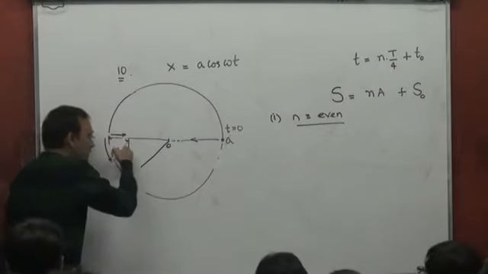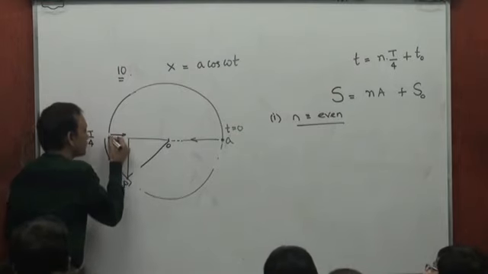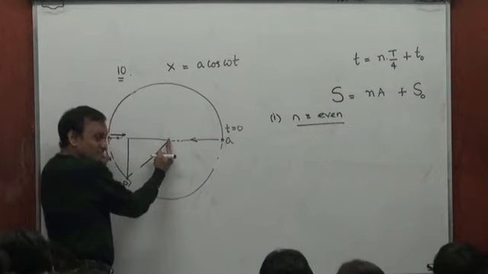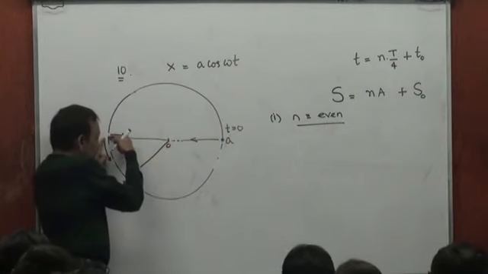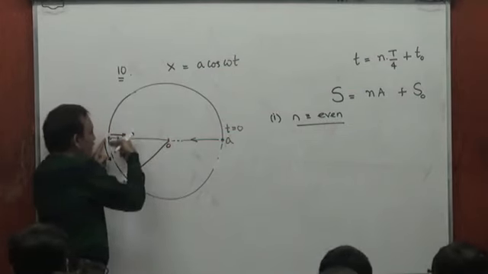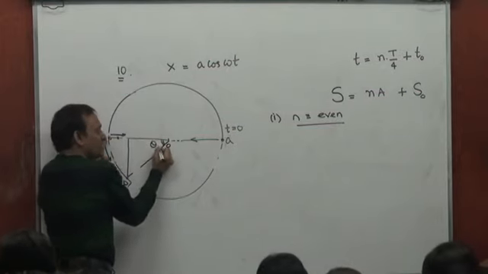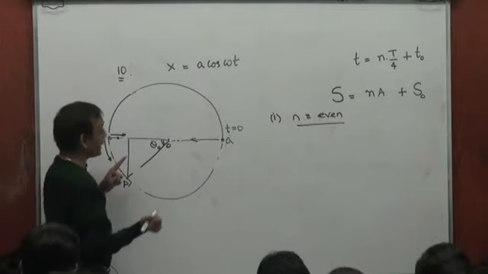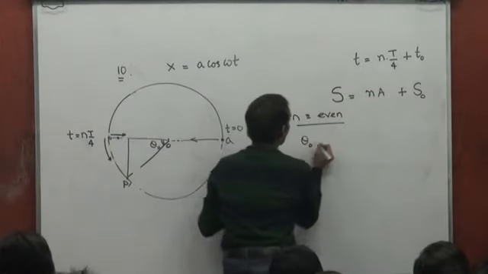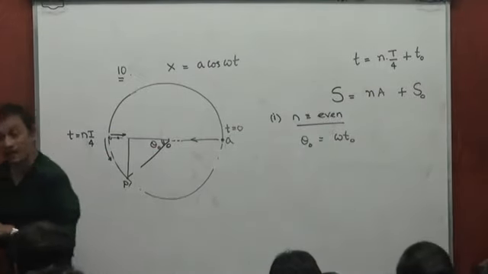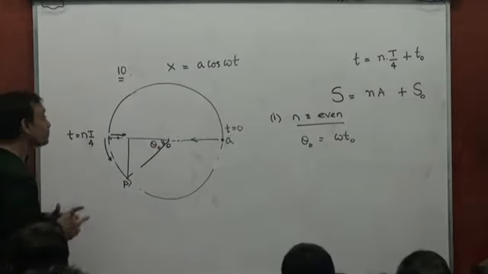It would have covered this arc of the circle, less than the amplitude because t naught is less than T by 4, and described an angle theta naught at the center. What's theta naught? Theta naught would have been omega t naught, right?